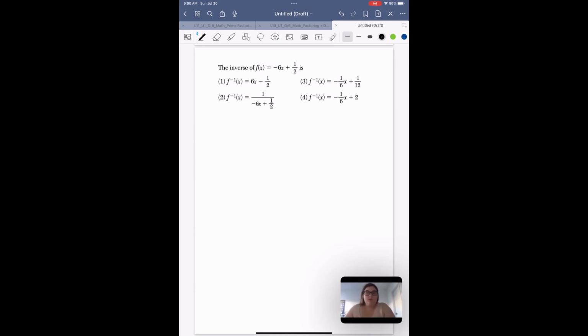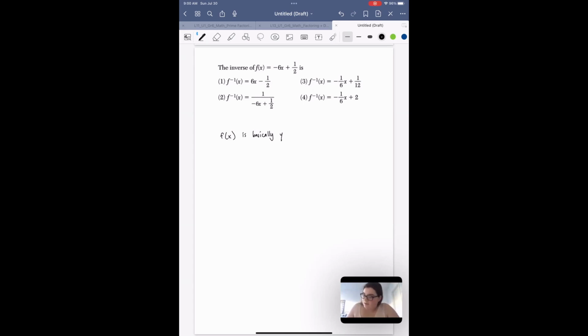So inverses are basically pure algebra questions. And the key point to start with is to understand that f of x is basically y in the context of doing the algebra. Like f of x just means the function of x, so the output when x is the input.